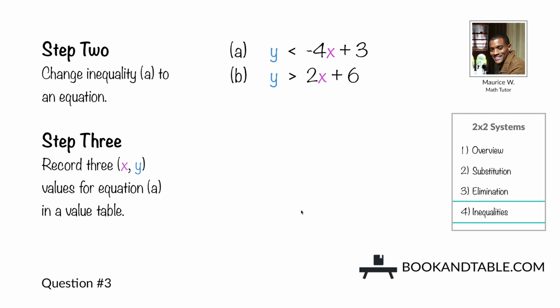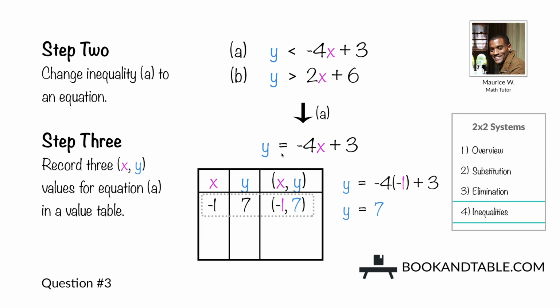And now we can create value tables for A and B. So step 2, change inequality A to an equation. So we change the inequality sign to an equal sign. And now step 3, record 3 xy values for equation A in a value table.